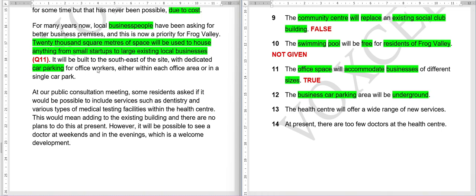Let's see. We have been given the direction. It will be built southeast, with dedicated car parking for office workers either within the office area or in a single car park. So they are talking about this.